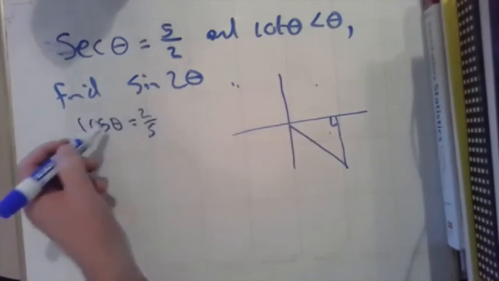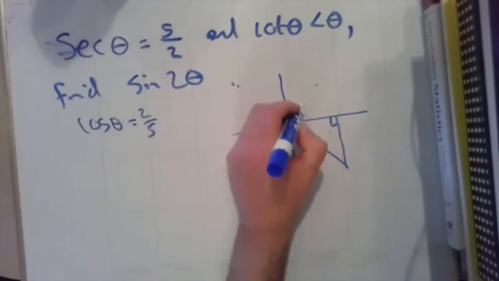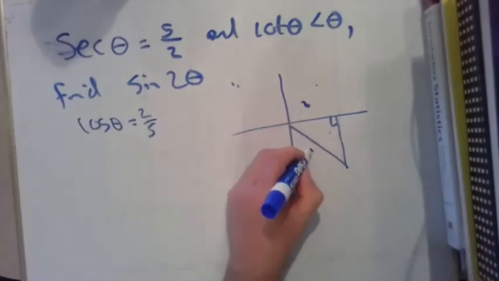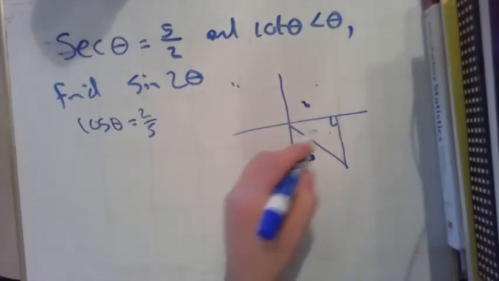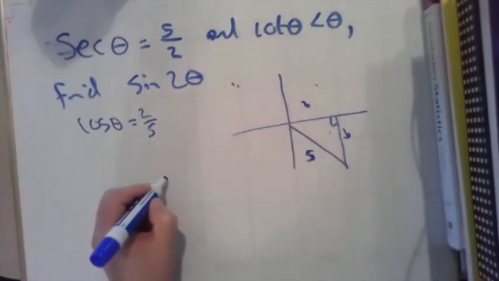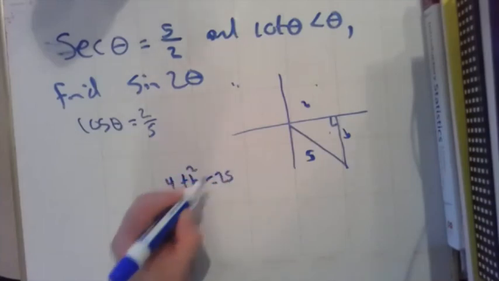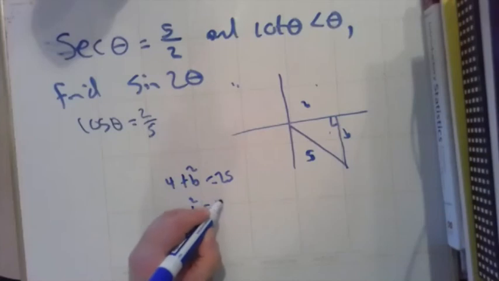So let's use our information to draw the triangle. Adjacent over hypotenuse. Use Pythagorean to find the third side. Let's call it b. So 4 plus b squared is 25. B squared is 21.